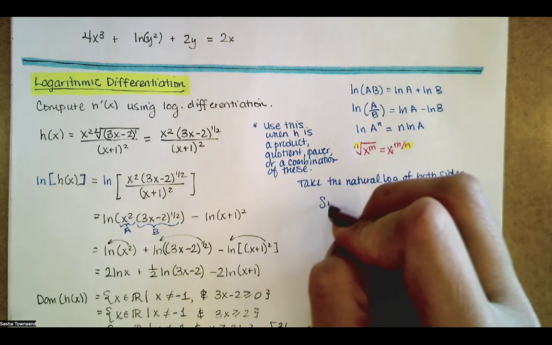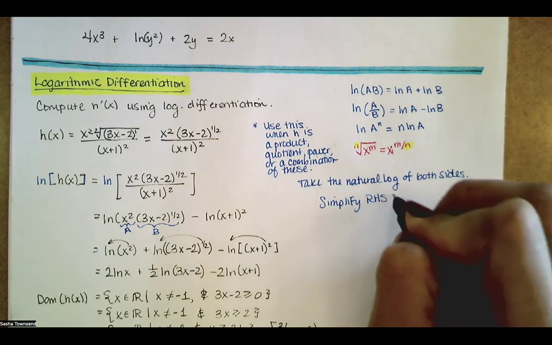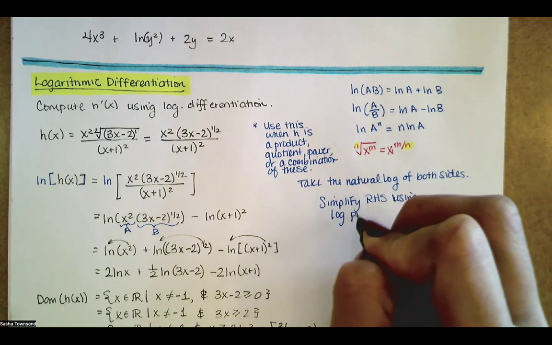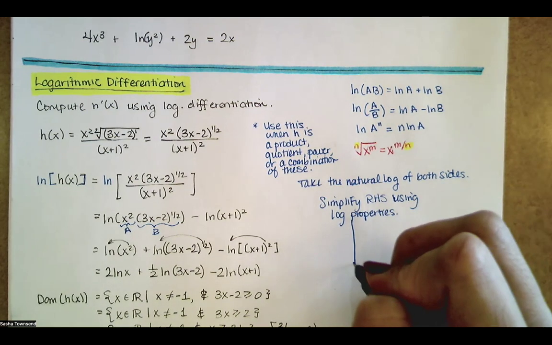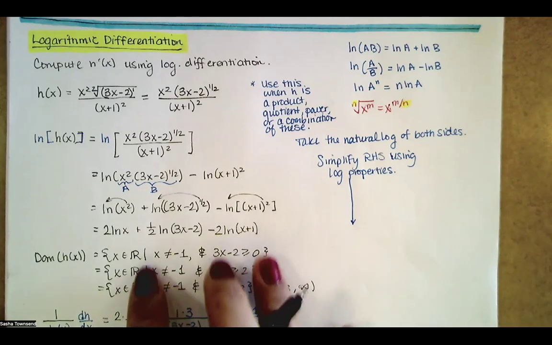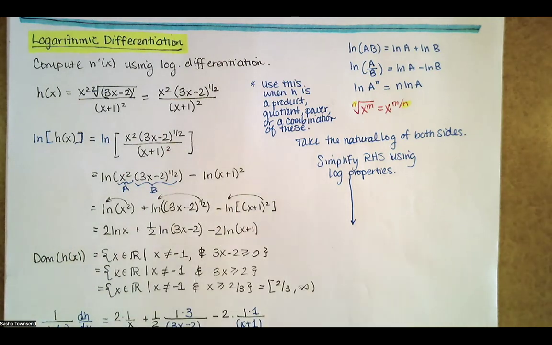Then we simplify the right-hand side using log properties. We did that here. We didn't have to find the domain, but I like to find the domain so that I know which x naught I can substitute into this function.